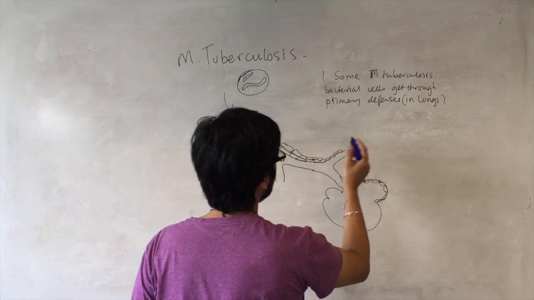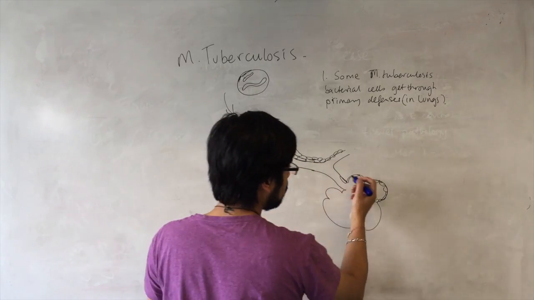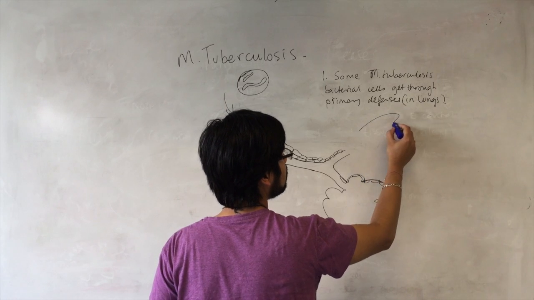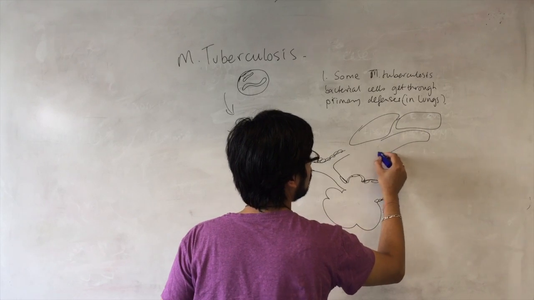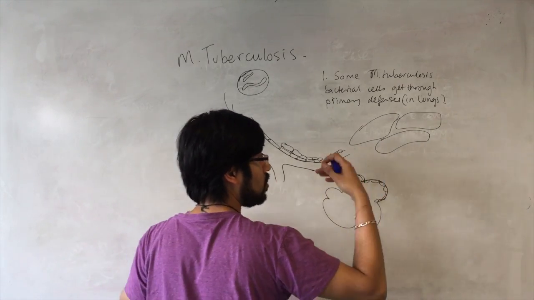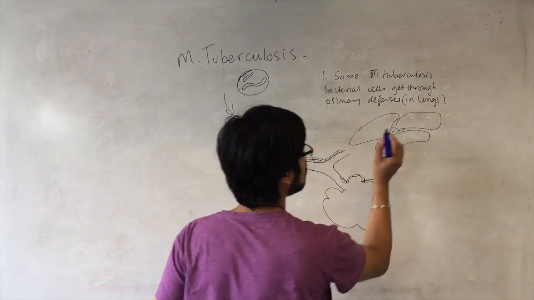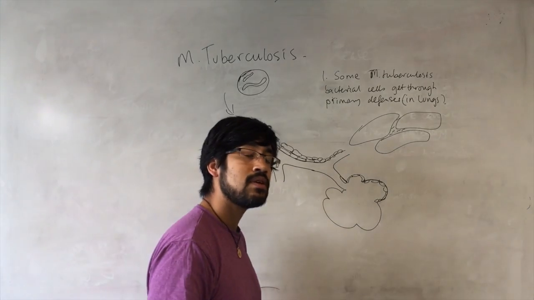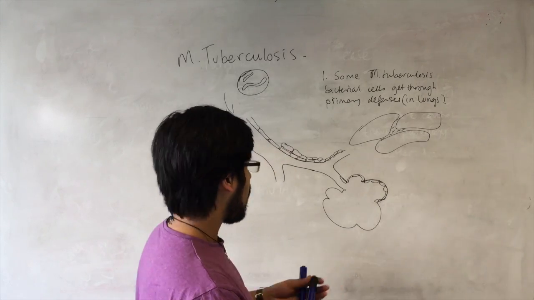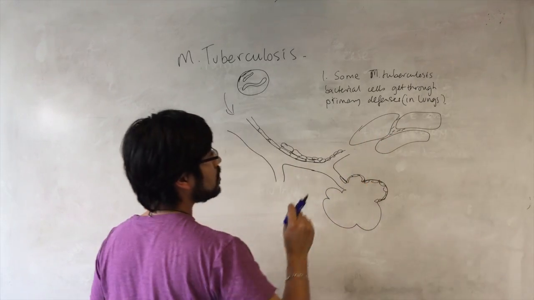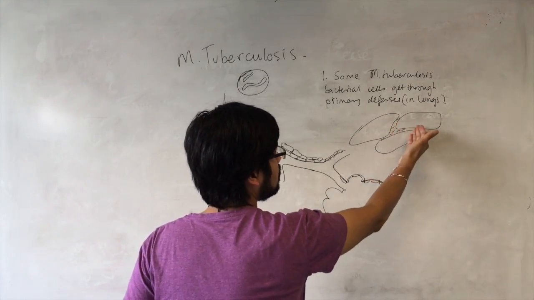So what happens is, it gets through here and it ends up in between the cells of our important tissues. So let's just zoom in. We have a few cells here, some cells of some tissues of the lungs, and in between that we've got our little bacteria, and you might not be able to see that because bacteria are very small. Now, this is tissue fluid.